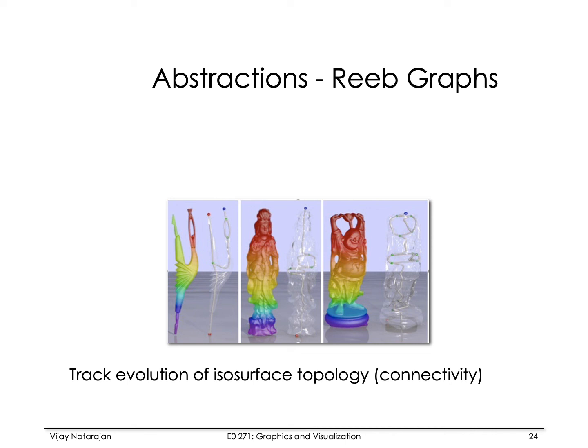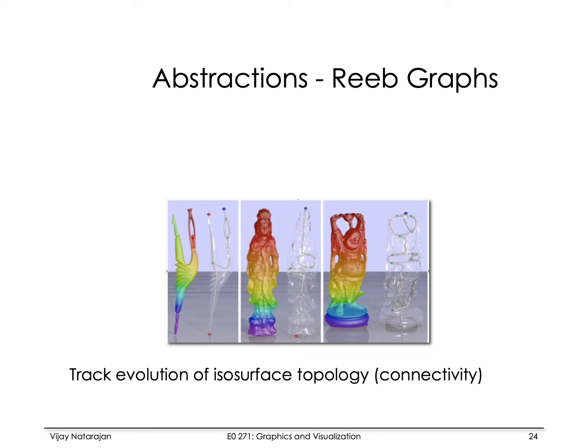To recall, the Reeb graph tracks the evolution of isosurface connectivity or topology. So in the examples you see here, the colors indicate the scalar values. In this case, these are the height functions over these three models. The height is measured from the surface and goes from blue to red.